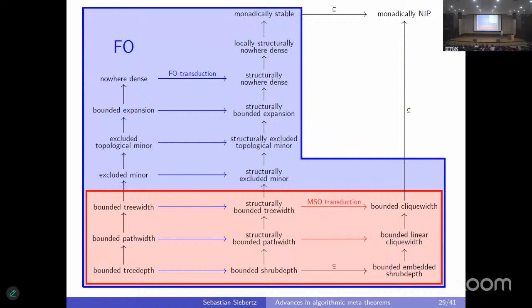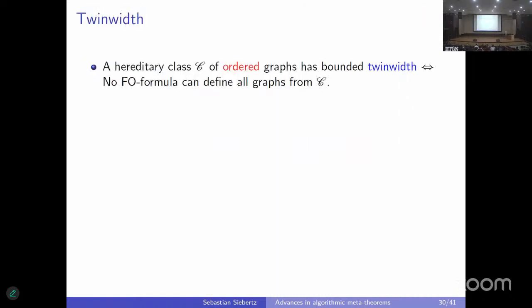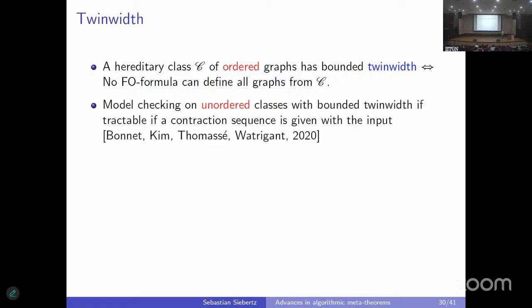Now, a super important superclass of those are the monadically dependent classes. Then very recently, a new notion has been introduced: twin-width. This was absolutely groundbreaking. It was introduced in 2020, just a few years ago, and had an immense impact on structural graph theory and algorithmic graph theory.